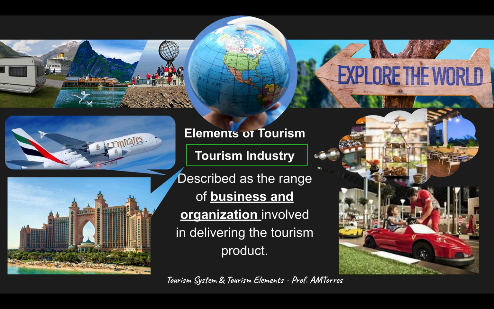And the other business is the one that offers leisure, recreation, and other activities that give people a reason to visit the destination. So these are the businesses.